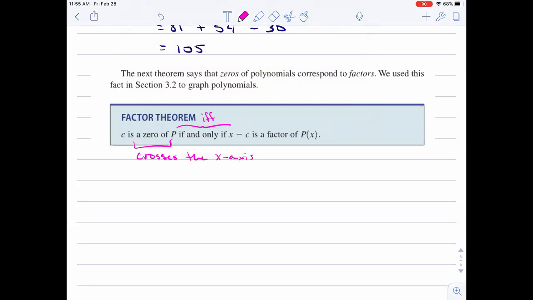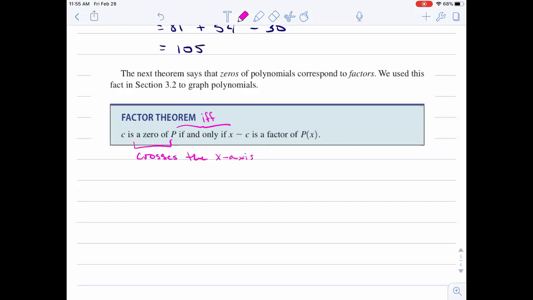So if you see that, or when you keep going, it's pretty common that we just say IFF, if and only if, x minus c is a factor of P of x.